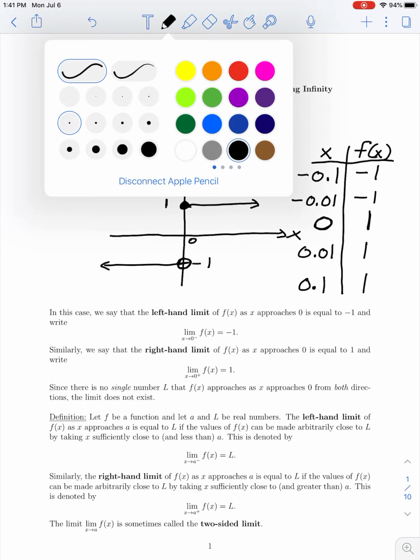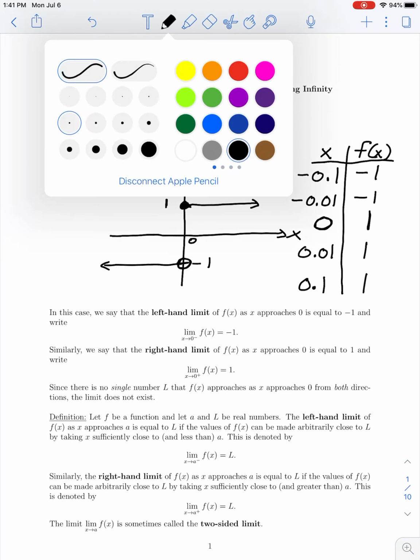And the function f of x that we were considering is denoted here as f of x, and our limiting values seem to be approaching -1 from that left-hand side. Now similarly, we can define a right-hand limit of our function f of x as x approaches 0 as being +1, and denote it in a similar fashion.